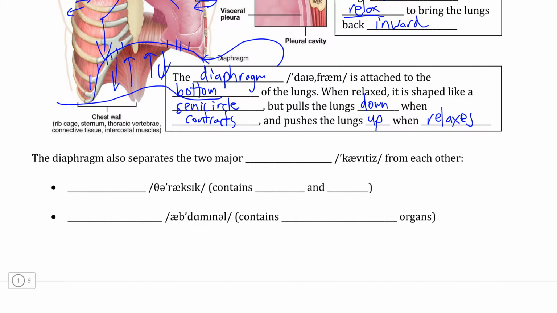The final part that we can mention here is the secondary function of the diaphragm, which, in addition to regulating the size of the lungs during breathing, acts as a physical barrier separating the two largest internal cavities of the body from each other.